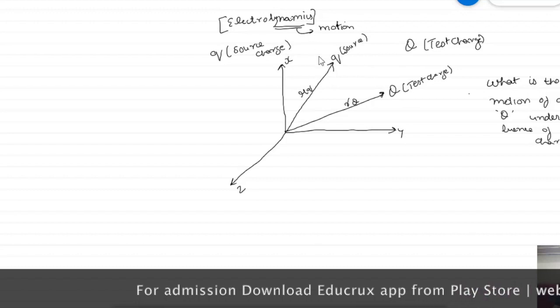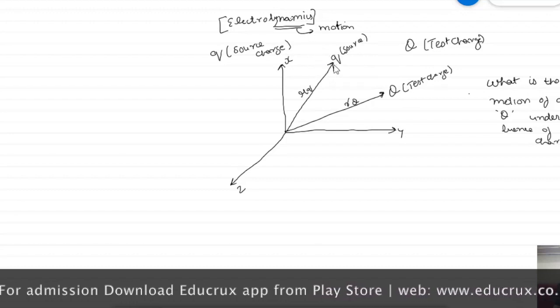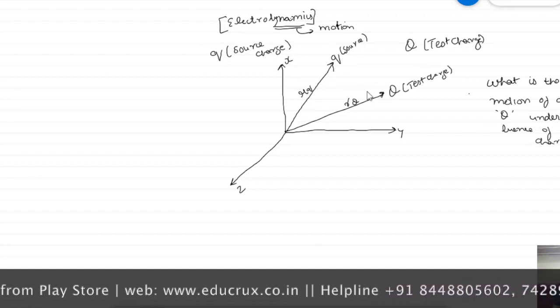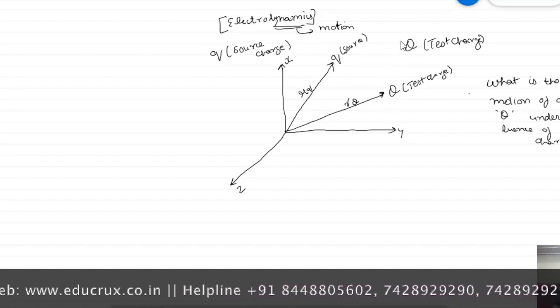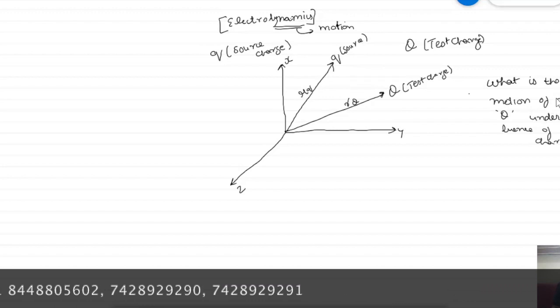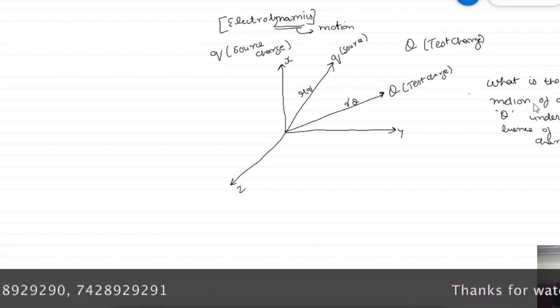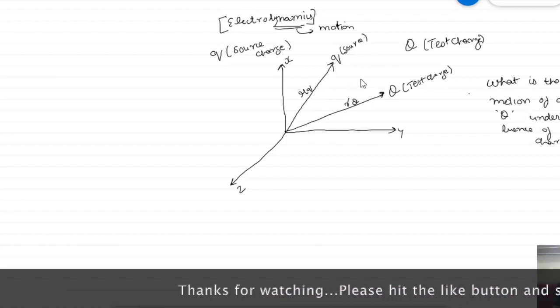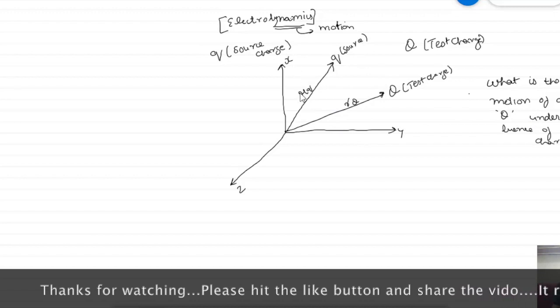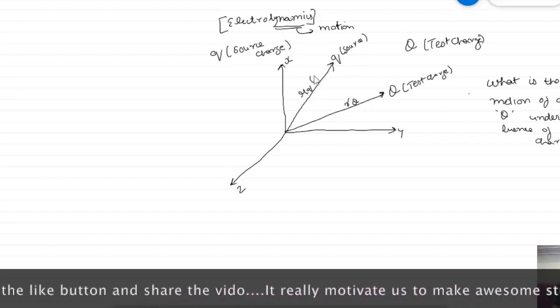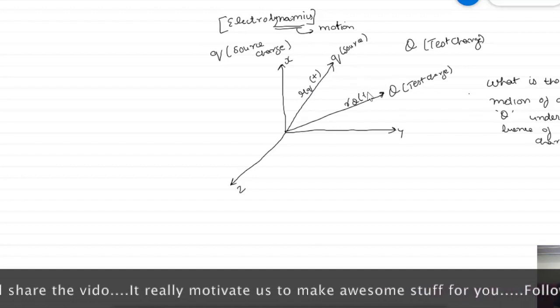The source charge will create some kind of field that will act upon Q and provide a force to the particle capital Q that will make the capital Q test charge move. And in a realistic scenario, these position vectors are dependent on time.